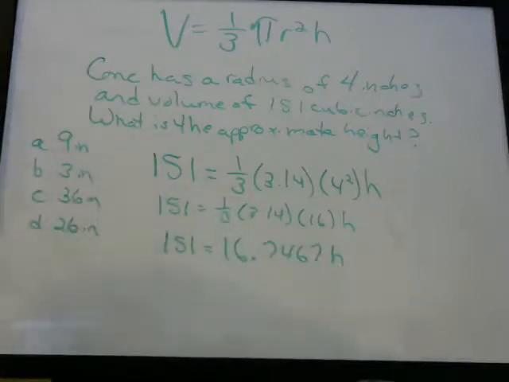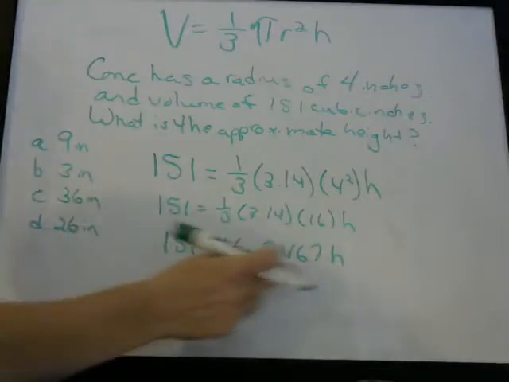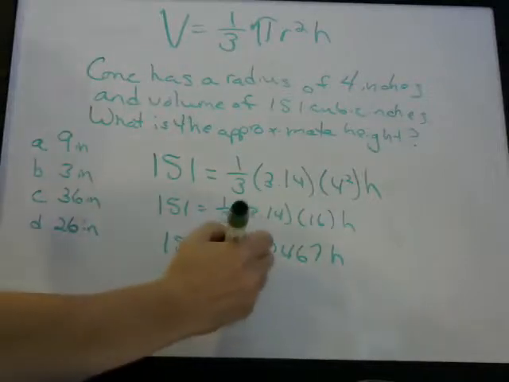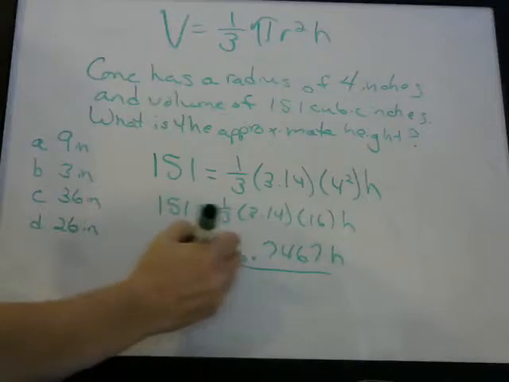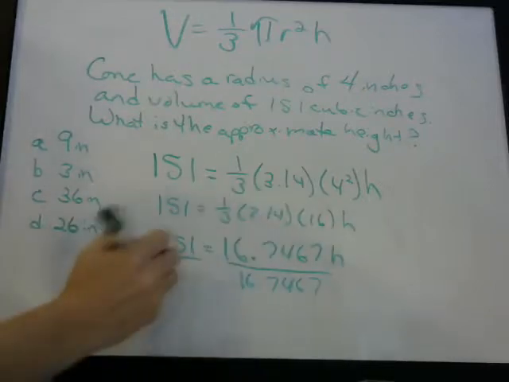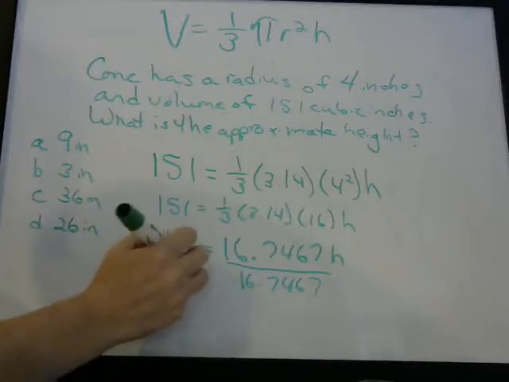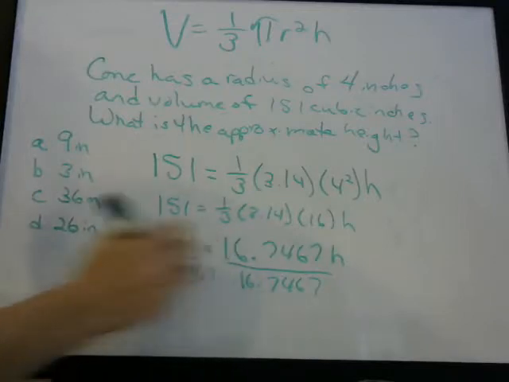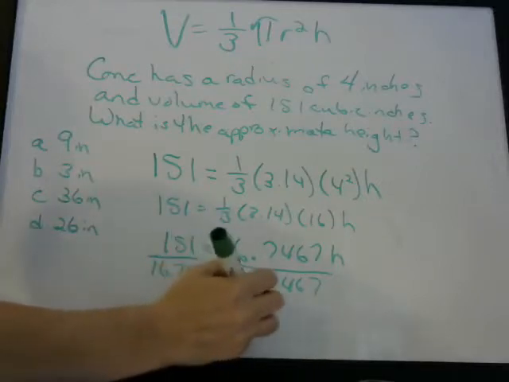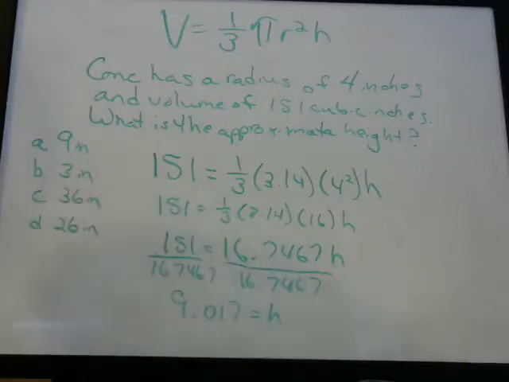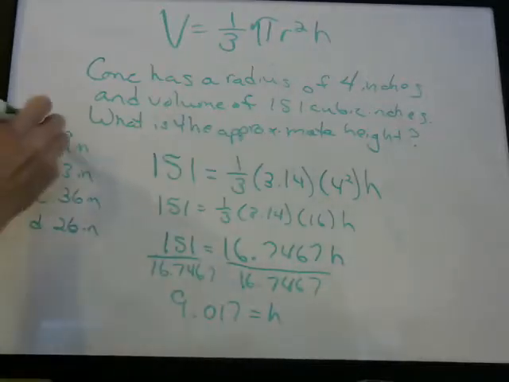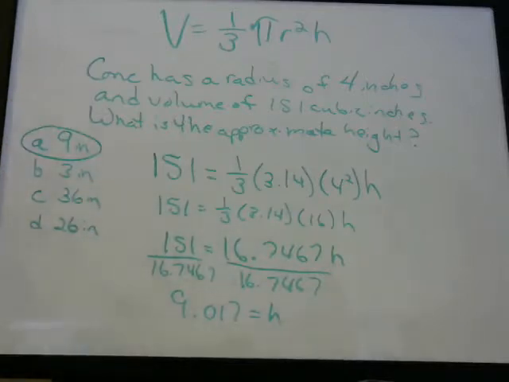This is just a normal algebra problem, so we need to get rid of the 16.7467. So to get rid of that, you divide each side. Again, if you don't know how to do this, you need to watch the video. You divide each side by 16.7467, and you end up with 9.017 equals height. So that is approximately 9 inches. So that would be the answer to this question.